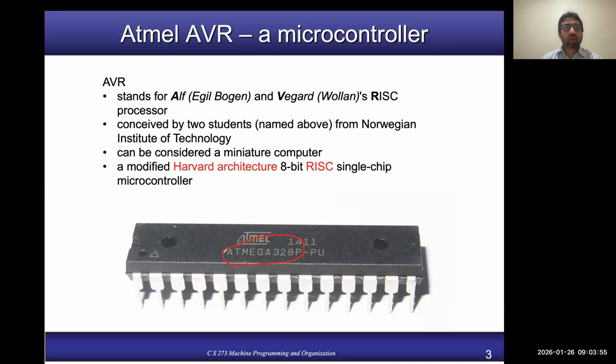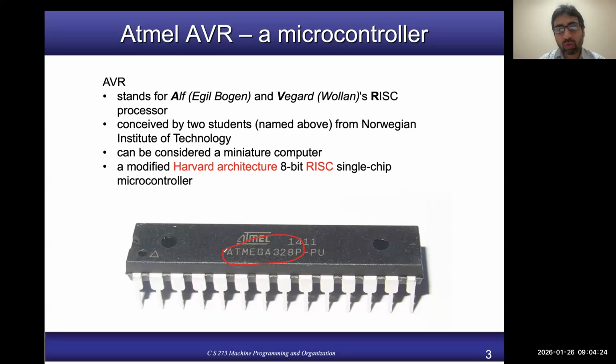This microcontroller uses Harvard architecture. What does it mean? We will talk later in another lecture in more detail about what a Harvard architecture is. But here, let me just state the core feature of the Harvard architecture. In the Harvard architecture, you have a CPU and then you have two different memories.